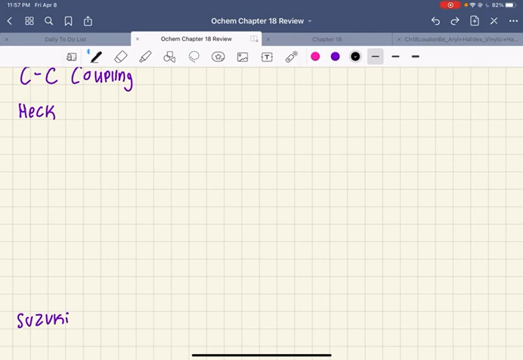Okay, so it's important to know the differences between the Heck and Suzuki reactions. The Heck reaction undergoes internal rotation before beta elimination. So this is the general principle of a Heck reaction.